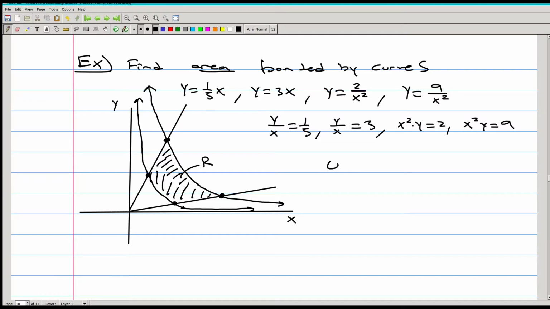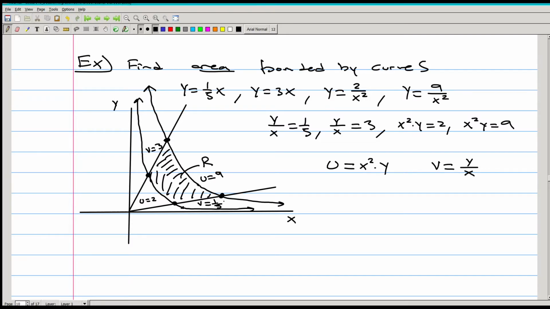Specifically, if I introduce a new coordinate u to be equal to x squared times y, and a new coordinate v to be equal to y over x, this is the correct coordinate system to use for integrating over this domain, because this lower curve is given by v is equal to 1/5, this upper boundary is given by v is equal to 3, this lower curve is given by u is equal to 2, and this upper curve is given by u is equal to 9.